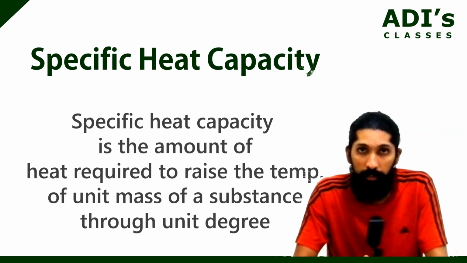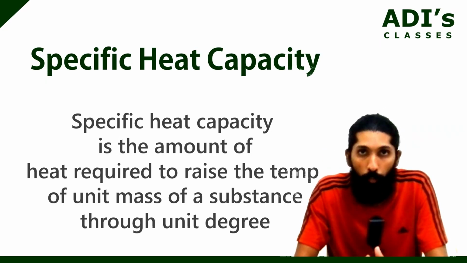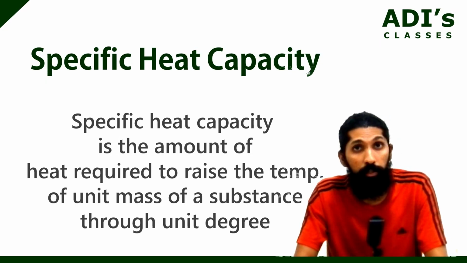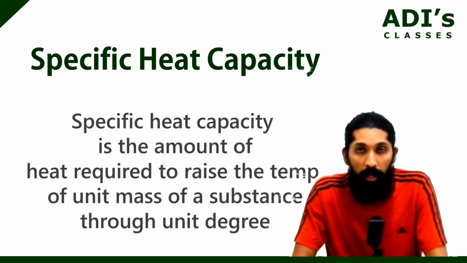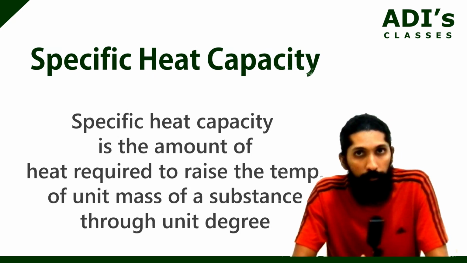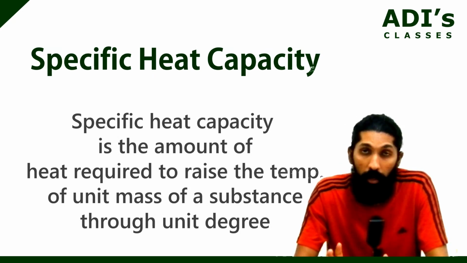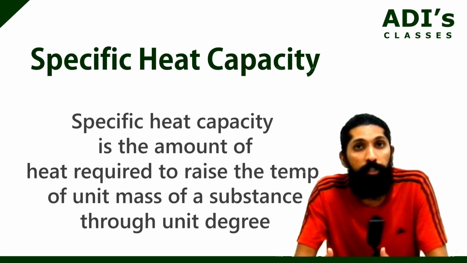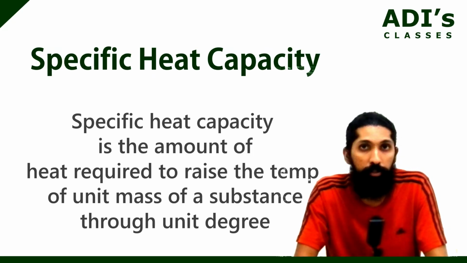Unit mass in the sense, suppose you have 1 kg of water and you are trying to increase the temperature by 1 degree Celsius, let's say from 20 degrees to 21 degrees, or 14 degrees to 15 degrees, whatever it is. How much energy do you need to raise the temperature?